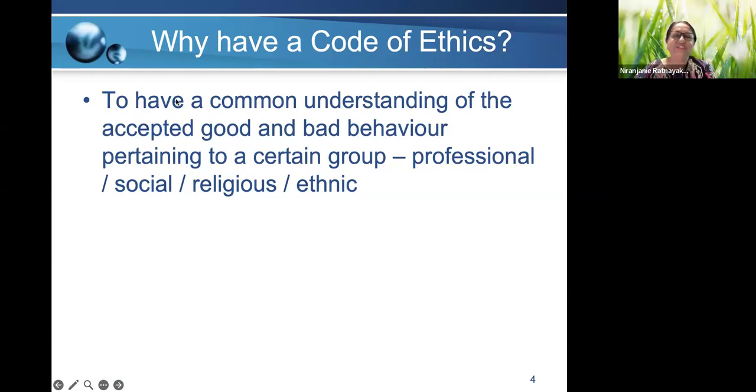1906, yes. IESL was started in 1906 as the Engineering Association of Ceylon, but the Code of Ethics came into being much later, in the 1980s, right? Up to that time, everyone was doing the right thing more or less, and no one actually thought about having a code of ethics per se.